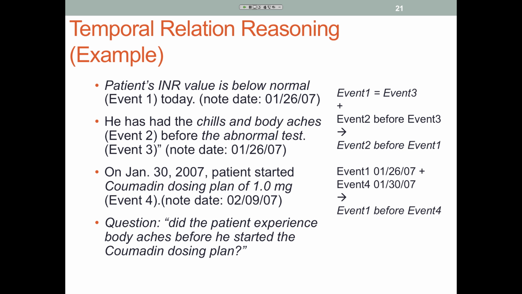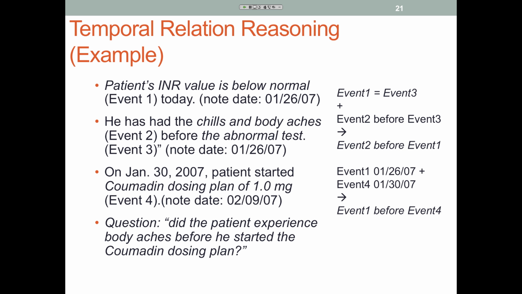Oh, I'm sorry. So event 2 was before event 4, which was the answer of the question. So as we can see, for this simple question, we need to go through several steps mentally to resolve it. If we want to do it automatically, it will be more challenging.